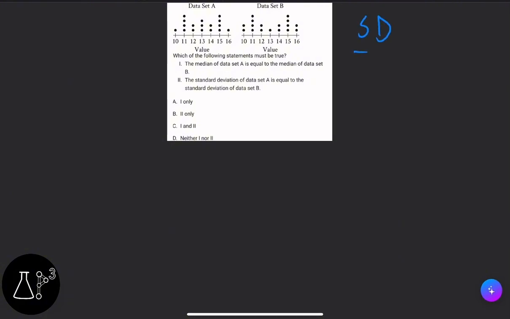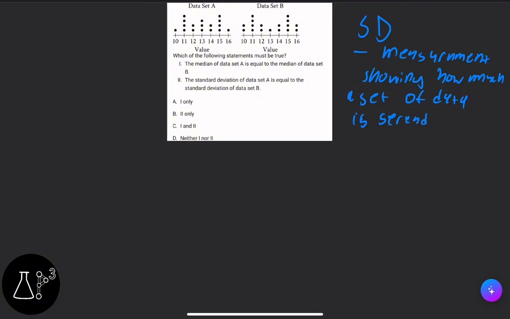It's basically the measurement showing how much a set of data is spread out from its average value, or mean. Because average value is just mean, I'll write that in parentheses over here in red.